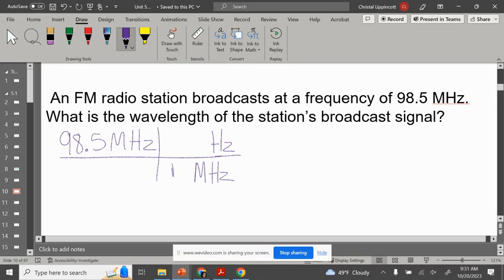For every one megahertz, I have 1 times 10 to the 6th hertz. That ends up being 9.85 times 10 to the 7th hertz.